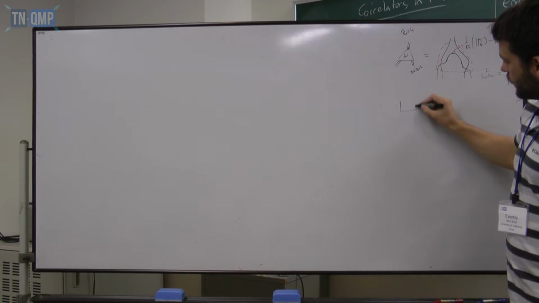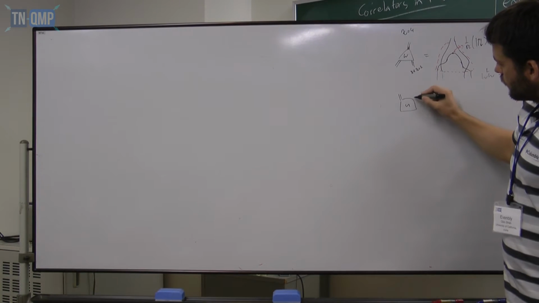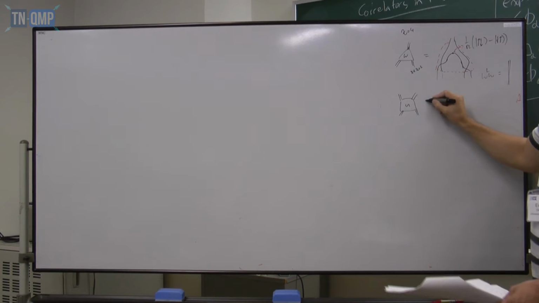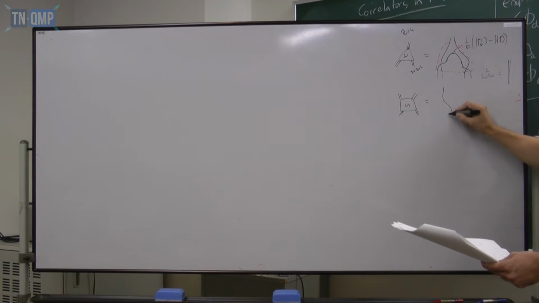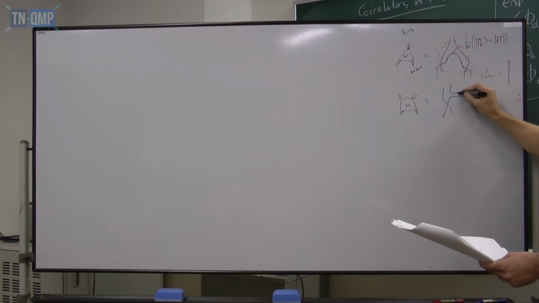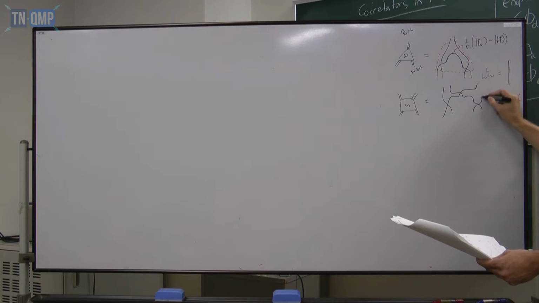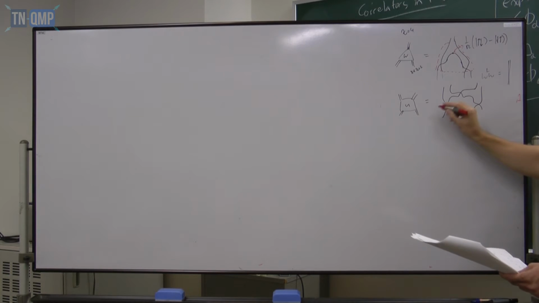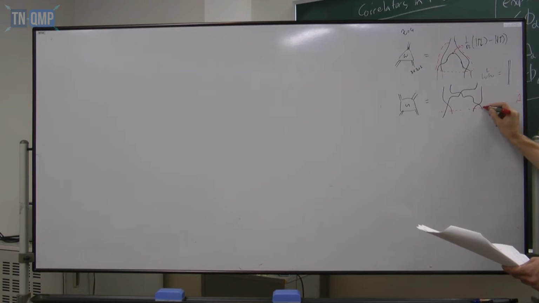Similarly, I'm going to take a unitary, a disentangler, and it's going to look like this. Let's draw an outline around this just to make it simpler.